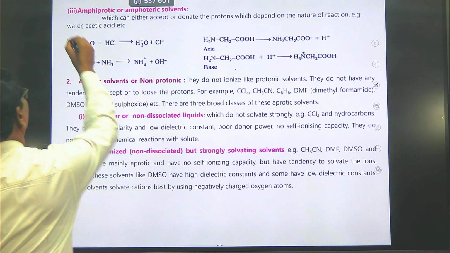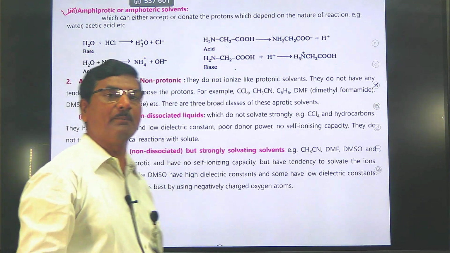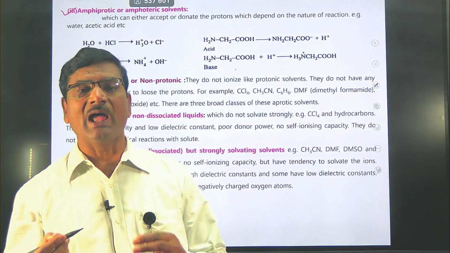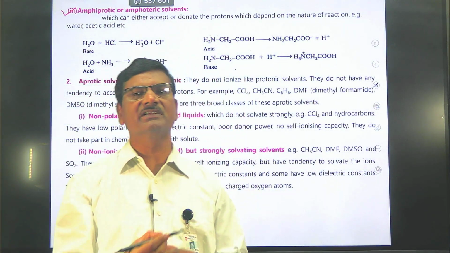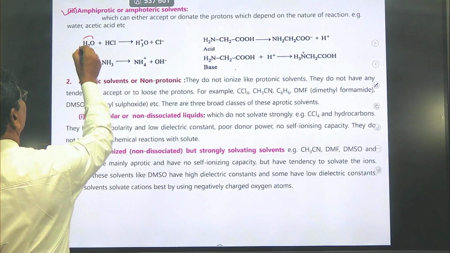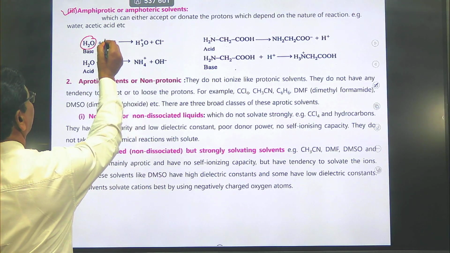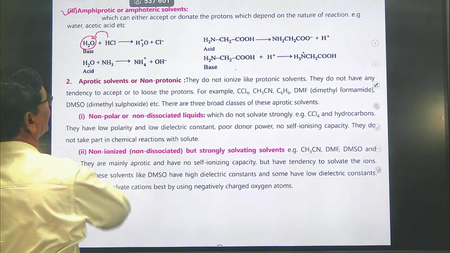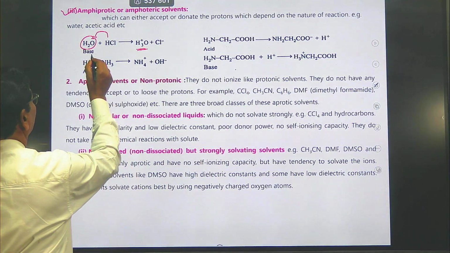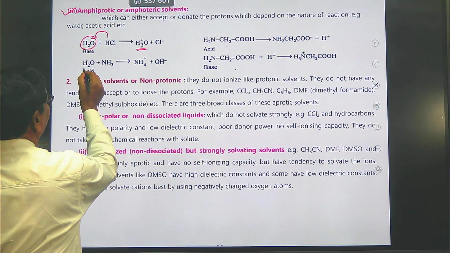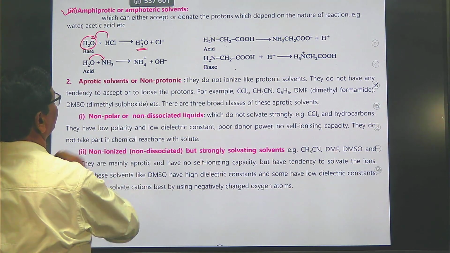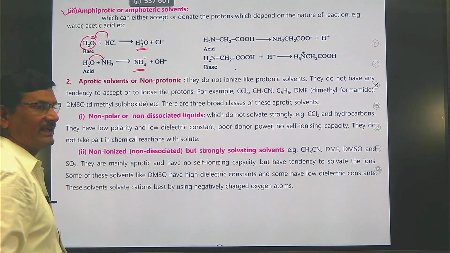The third one is the amphoteric nature, amphoteric or amphiprotic. What is meant by amphoteric nature? It is nothing but having the tendency to accept as well as donate a proton. For example, water has the tendency to accept a proton from hydrochloric acid, and H3O+ is formed. The same water, in the next reaction, donates one proton to this species and NH4+ ion is formed.